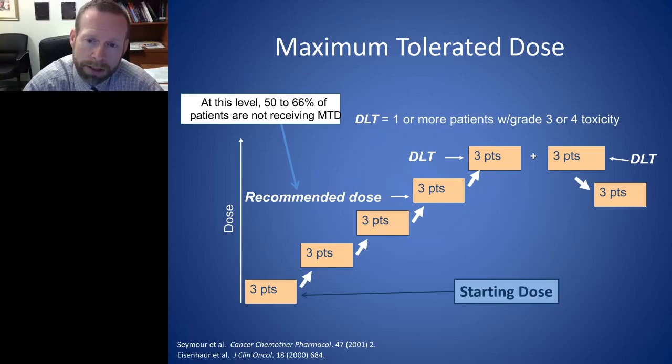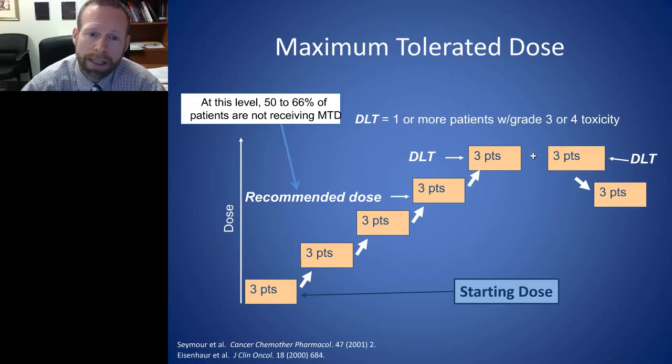And if at that dose level, 1 of those patients exhibits the dose-limiting toxicity, then you back down to the previous level. If at that previous level there is no dose-limiting toxicity, that becomes the recommended or maximum tolerated dose. But that is possible even if in that upper level only 2 out of the 6 patients demonstrated the dose-limiting toxicity. The other 4 may not have had that toxicity.